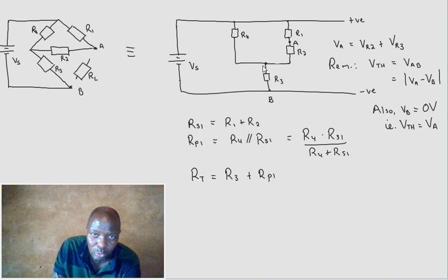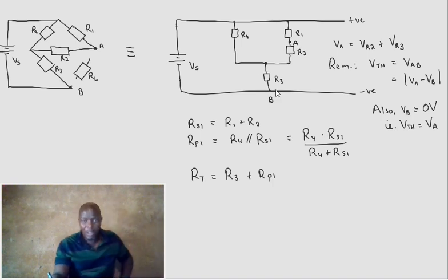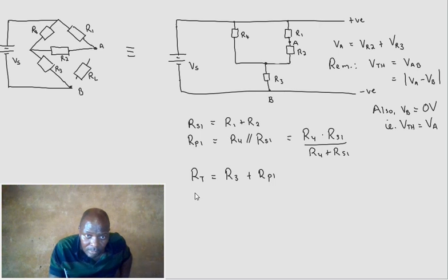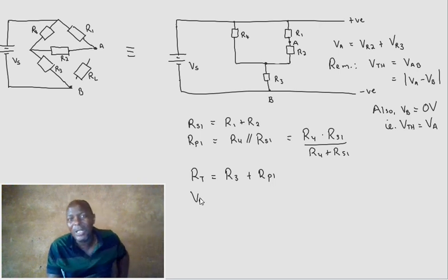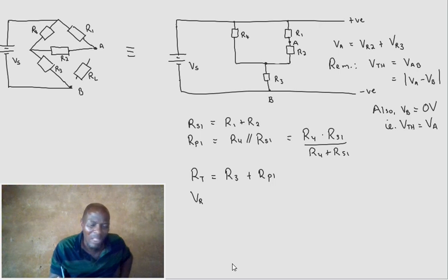How do we know that value? That value is VR3. Do I need to do that? I don't really need to do that. I can, there's no harm.